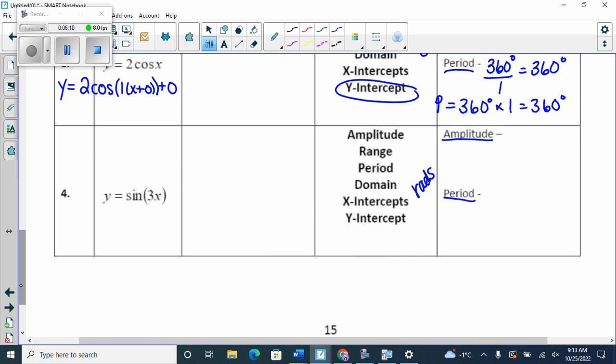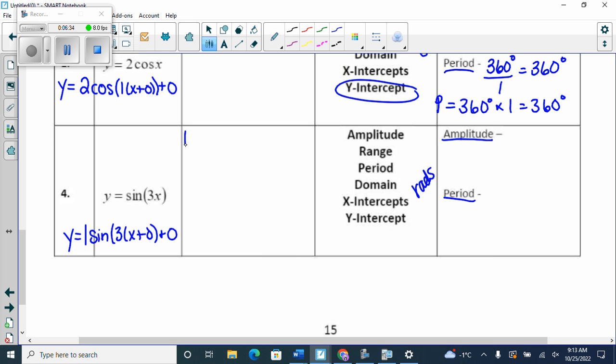What does this one have? Yes. A horizontal stretch by a factor of 1/3 about the y-axis. And if I wanted to draw the whole thing out, I could go 1 sine 3 x plus 0 plus 0, right?